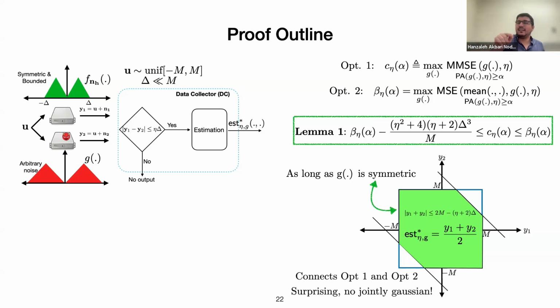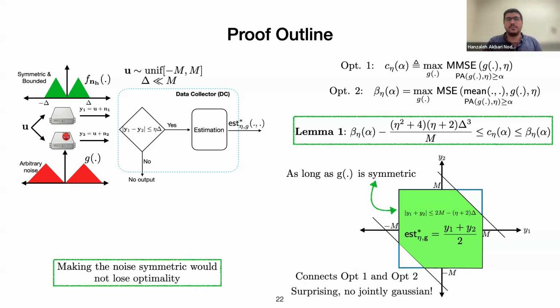And this is an observation that connects OPT1 and OPT2. Because in OPT1, we have the best estimation. And here we are proving that, for a lot of cases, as long as the noise distribution of the adversary is symmetric, the best estimation function is y1 plus y2 divided by 2. This is an observation that connects these two optimization problems.